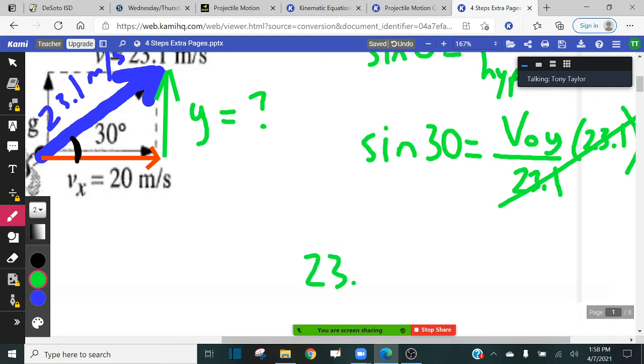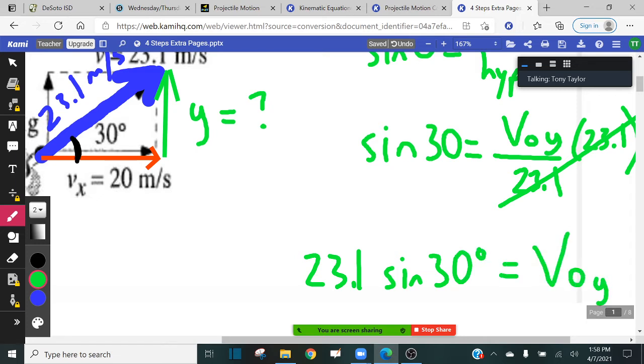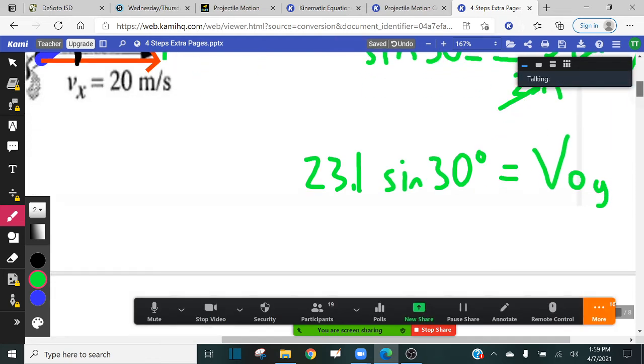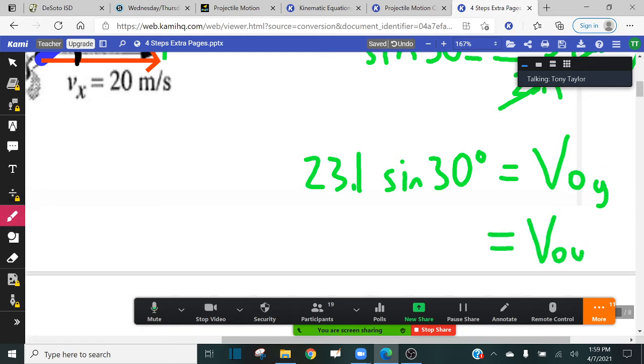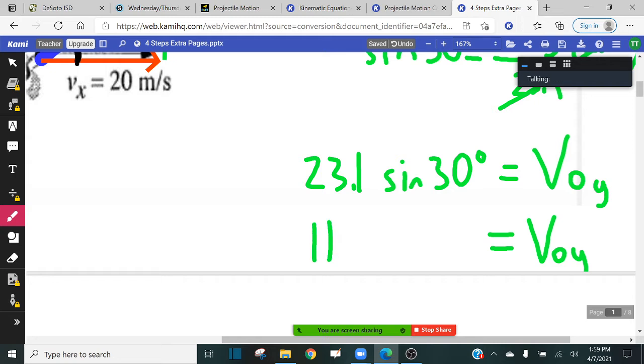Can someone put that in their calculator and tell me what you get? Be sure you're in degrees and not radians. So that's the initial velocity in the y direction when you solve for that. Thank you, Iman. That's exactly what I got. The initial velocity in the y direction is 11.55 meters per second.